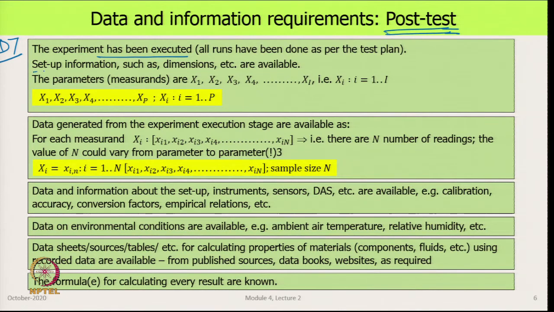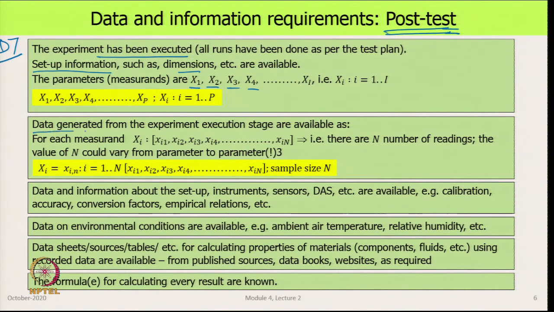We have all the information about the setup, for example, its dimensions and other things, and we have all the measurements for each one of these measurands. So, each one was measured many times, and that we said that we have individual data in that.